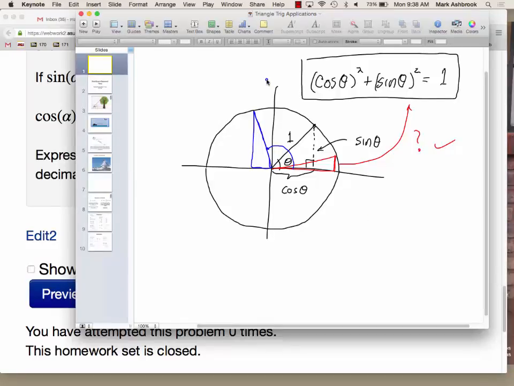Because it's for all angle measures theta, not just some, not just one or a couple, but for all angle measures theta, no matter what angle measure we sweep, we get a right triangle that has this relationship holds true. So this is called the Pythagorean identity. It's the most common and prevalent identity in trig.